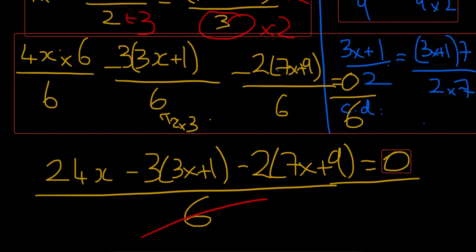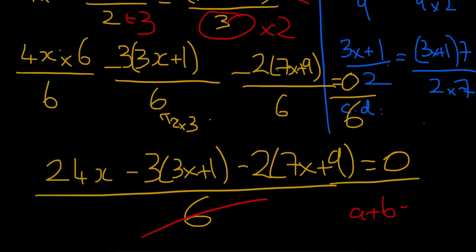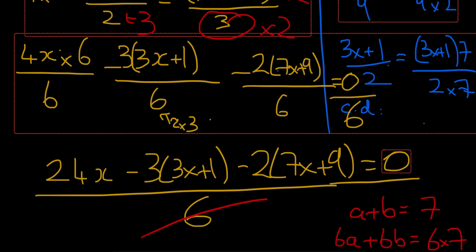If this whole equation is over 6, you can also think of it as multiplying the entire equation by 6 so that it gets removed. Because when you have an equation like a plus b equals 7, you're always allowed to say 6a plus 6b equals 6 times 7. So multiplying across by the same number on both sides of the equation is allowed. And because this is 0 at the side, you don't have to worry about it.